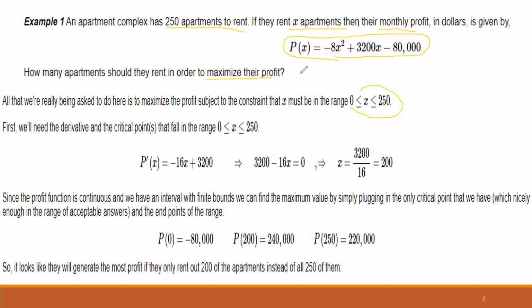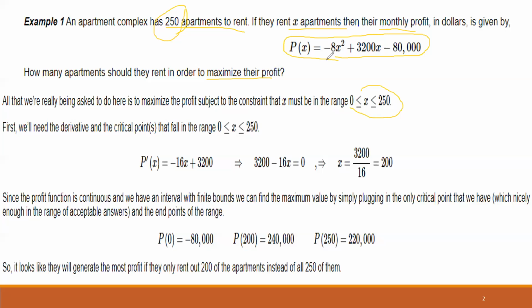Basically, they will have to rent between 0 and 250 apartments because they don't have more than that. That's the range. They want to know the number of apartments they should rent to maximize profit, and to do that, all they need to do is differentiate their profit function.